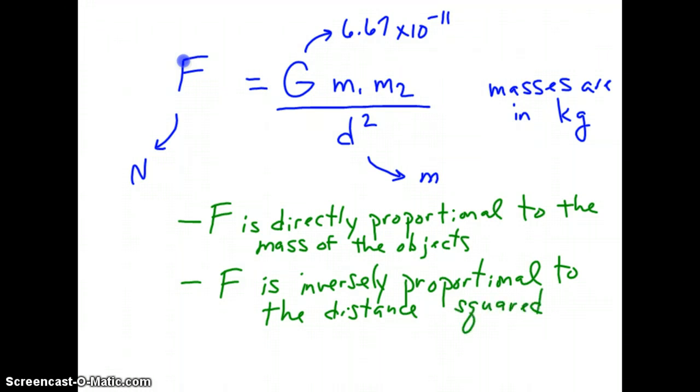What this means is that as distance increases, force decreases with the square of the distance. So if two objects are 2 times farther away, then the force would be 4 times weaker. If the distance between the objects were 3 times farther away, then force would go down by a factor of 9.